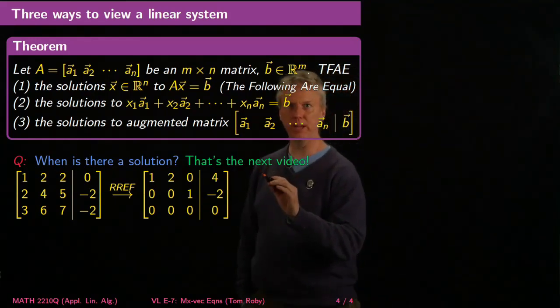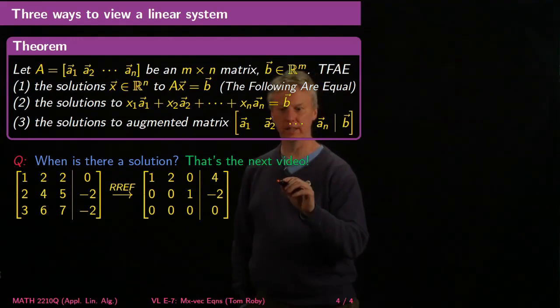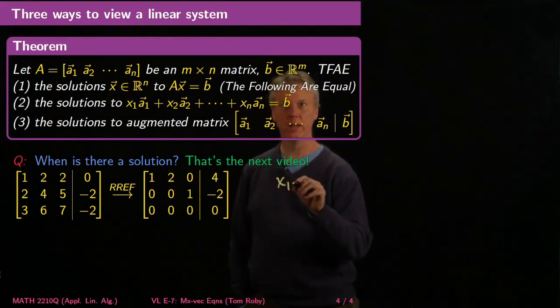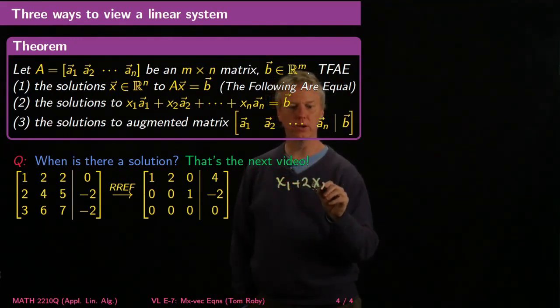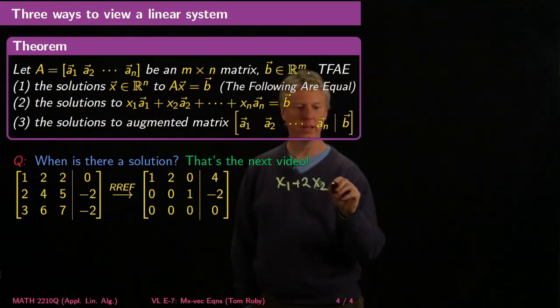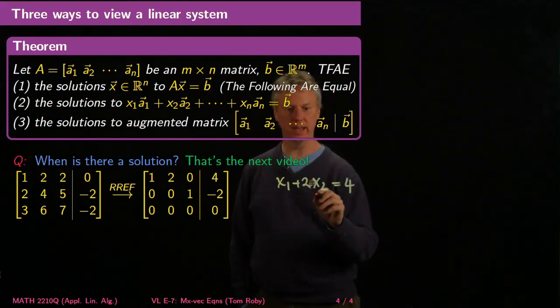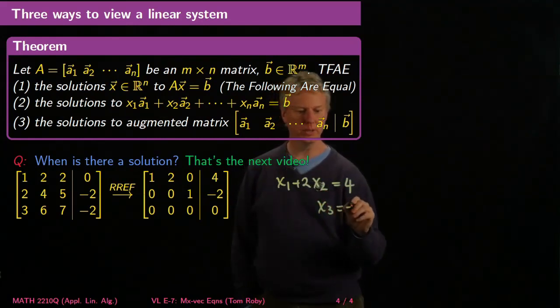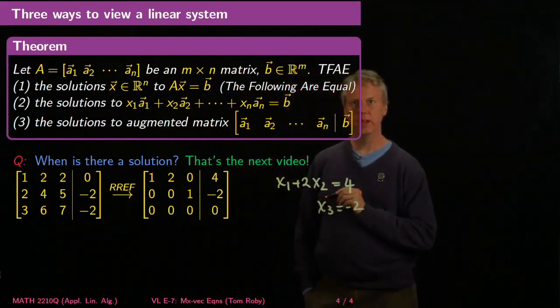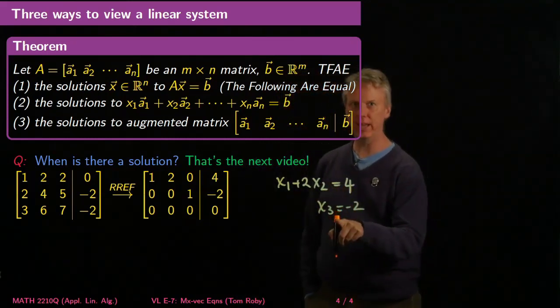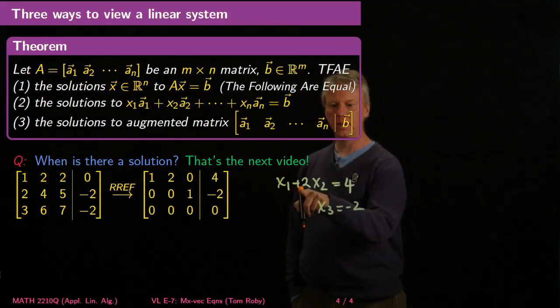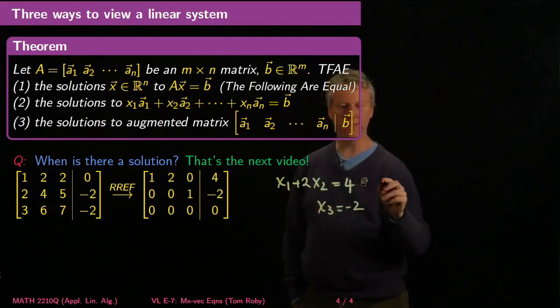Well, this top equation is saying that x1 plus 2x2 plus 0x3 is equal to 4. And then the next equation is saying that x3 is equal to negative 2. Okay? So any solution will have x3 equal to negative 2. And then there's a relationship between the values that x1 and x2 can have.